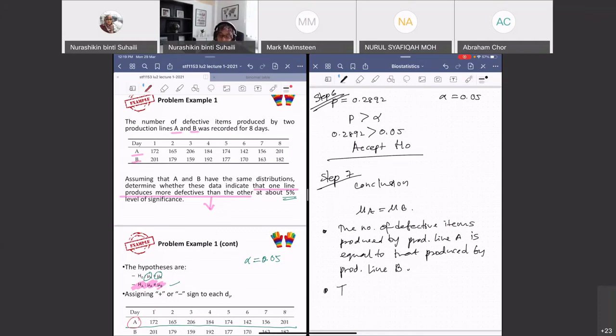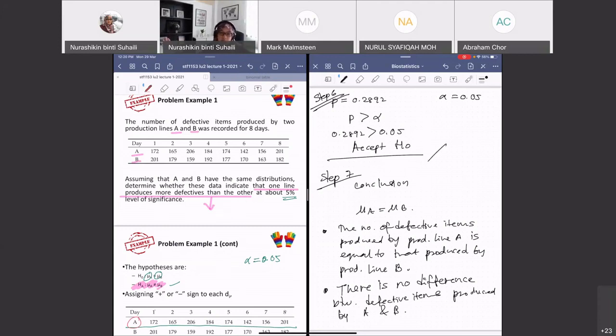So either way, I will accept it. But if there is no difference, you can also say that there is no difference between all these things, defective items produced by A and B. Okay, the reason why it's very important to state the conclusion specifically, why don't we just say accept it?